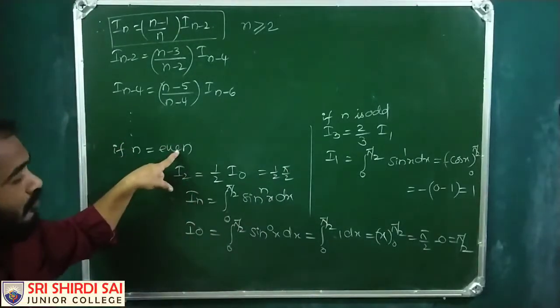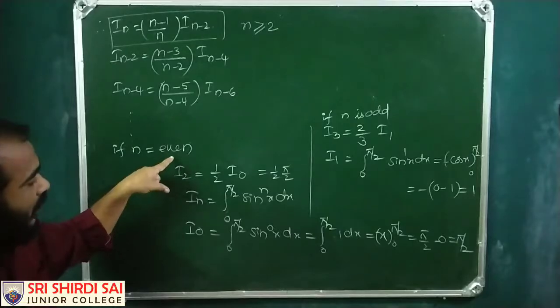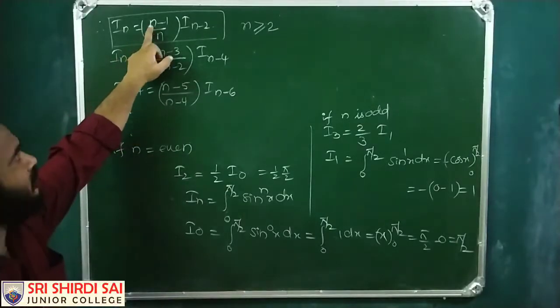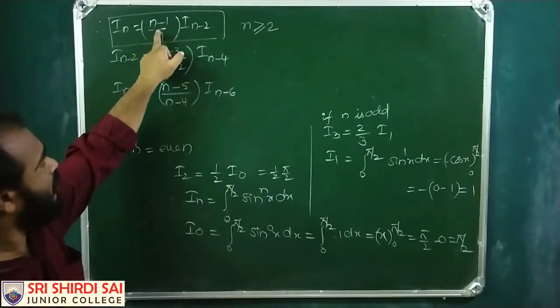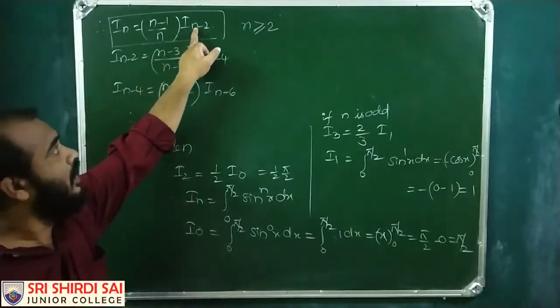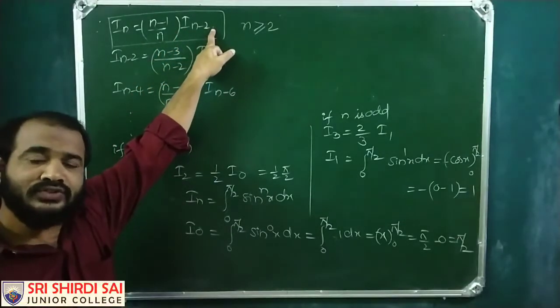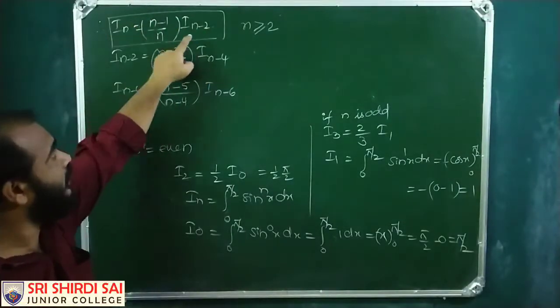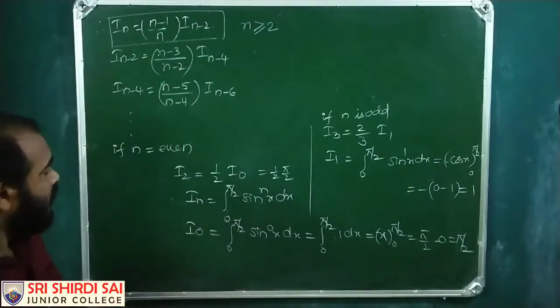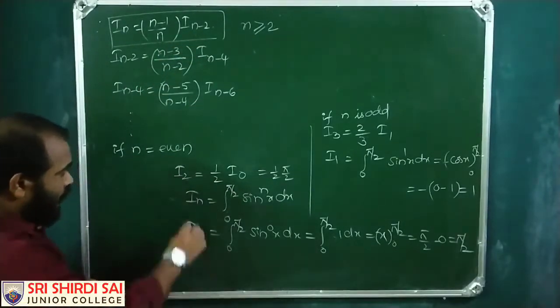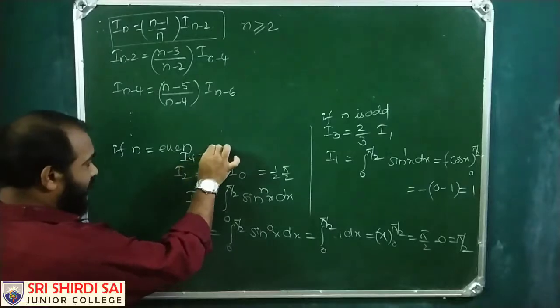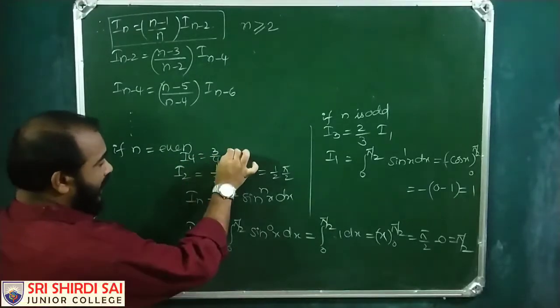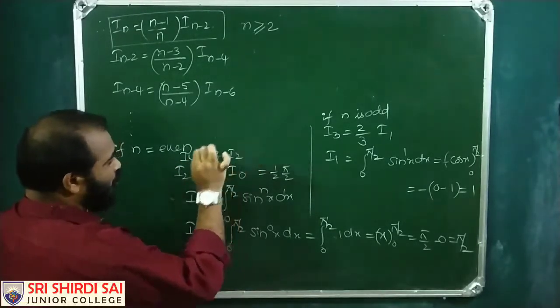Before that, we will be getting I4. What will be this I4? Simply substitute: 4 minus 1 by 4, I4 minus 2 is I2. That means 3 by 4 into I2. So if I am writing I4 here, it is 3 by 4 into I2.